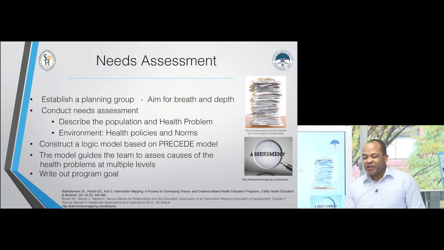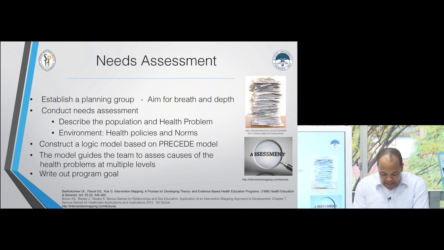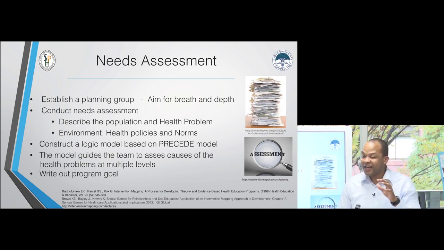So before the intervention, the intervention of behavioral change, we need to do the needs assessment. In doing the needs assessment, so first we need to establish a working group.